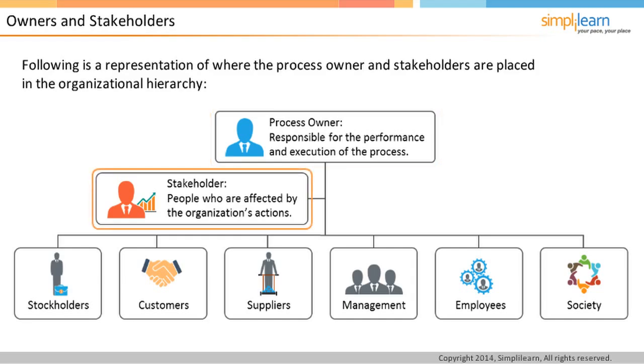On the other hand, a stakeholder is a person, group, or organization which is affected or can affect an organization's actions. Businesses have many stakeholders like stockholders, customers, suppliers, company management, employees of an organization and their families, the society, etc. Let us discuss the effects of process failure on various stakeholders in the next screen.